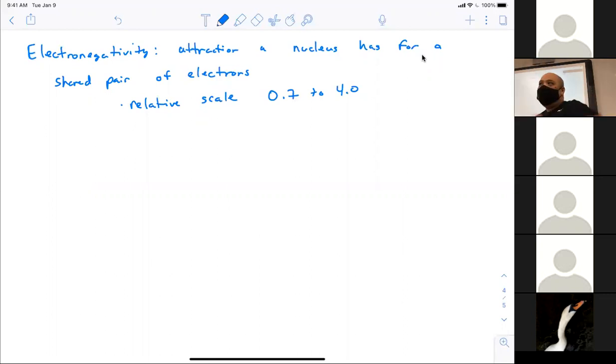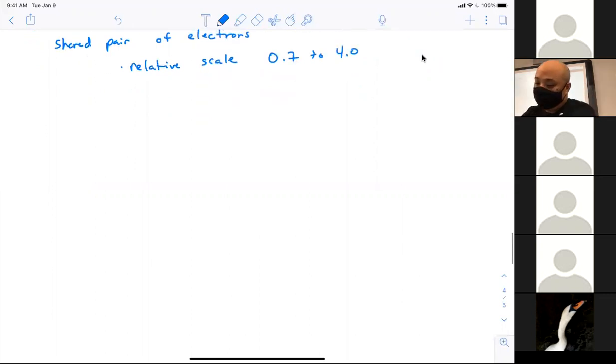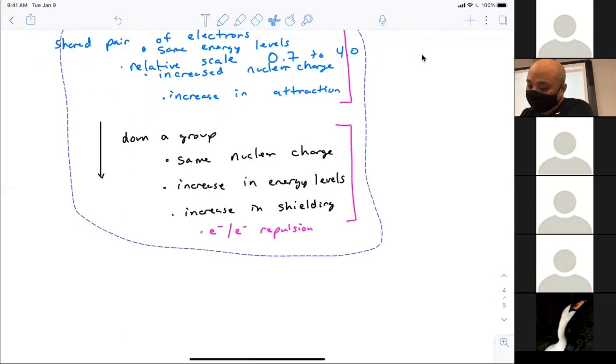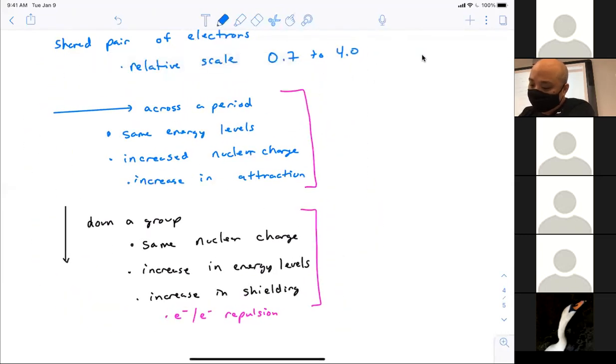Now, from an atom's perspective, as you go across a period, if you replace that atom that's bonded to another atom with another element in the same period, going left to right, what's happening to the attraction the nucleus has for that shared pair of electrons?